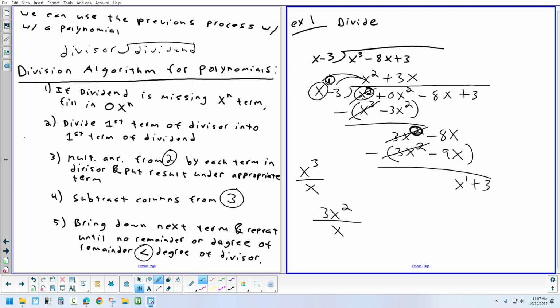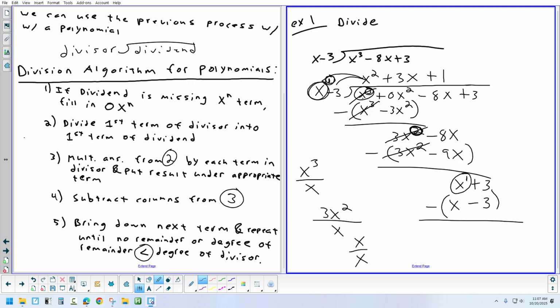And now take x and divide by x. What's x divided by x? Caleb? 1. Yep. Okay. Distribute the 1 back out. 1 times x. 1 times negative 3.